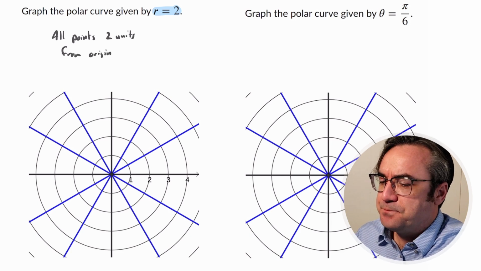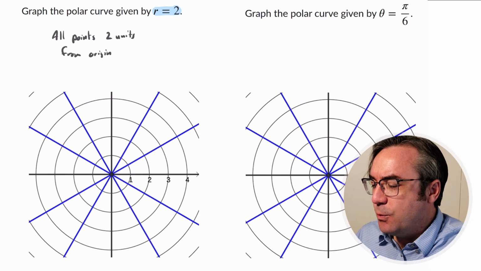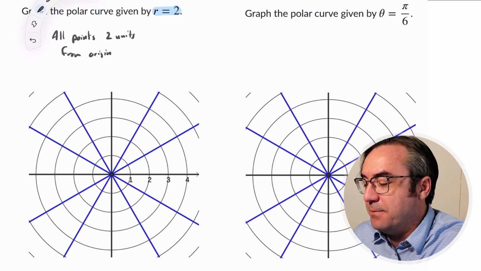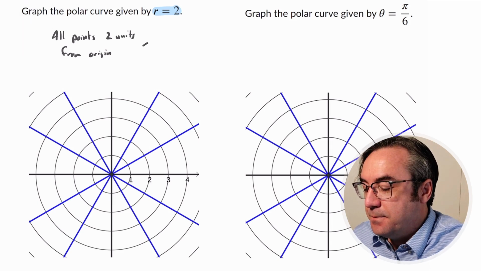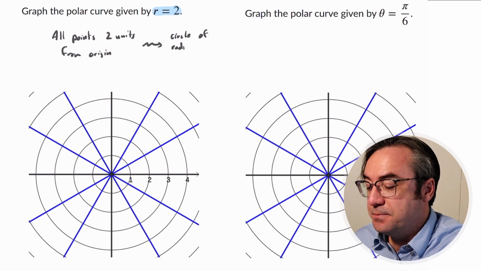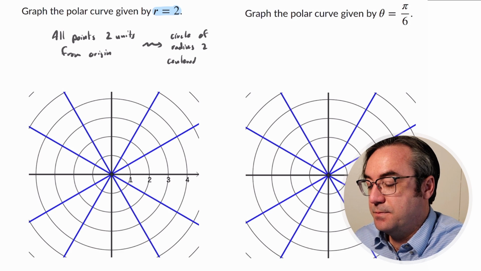All right, well, if that's the case, we have a way to have that idea already. So this is telling us we're dealing with a circle of radius 2, centered at the origin. So let's graph that.